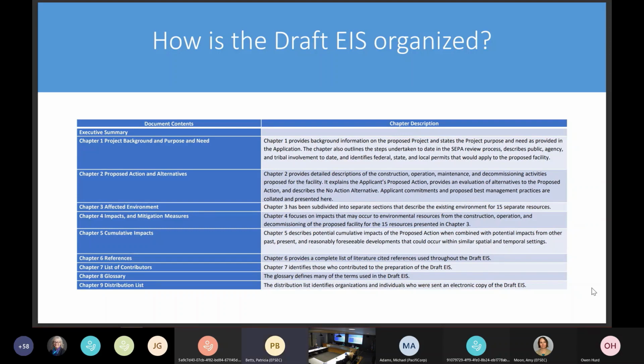For Chapter 4, the impact analysis is based on the project description information provided by the applicant in Chapter 2. The terms direct and indirect relate to the impacts of the proposal on the various environmental resources. It examines the changes that would occur to the existing conditions described in Chapter 3 and translates those changes as appropriate into environmental impacts.